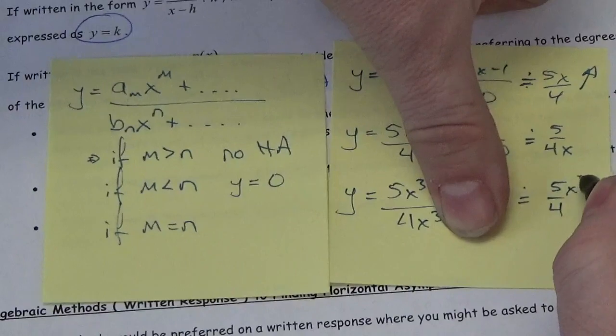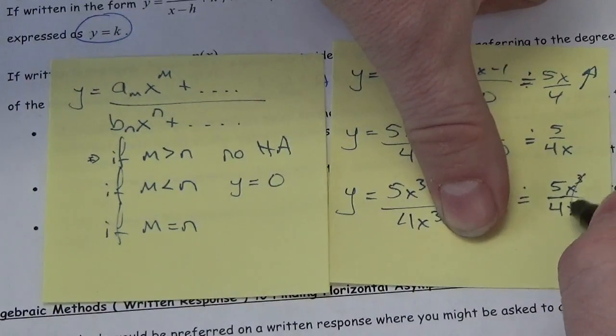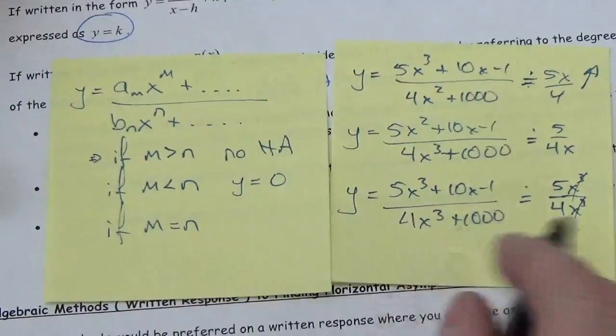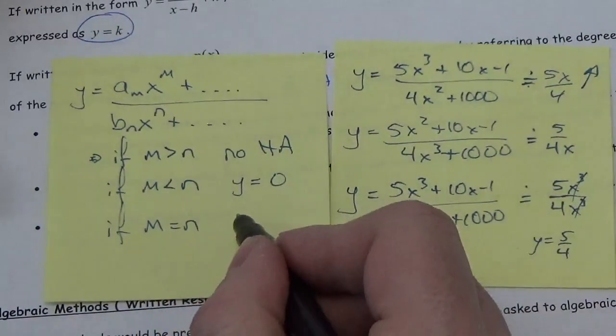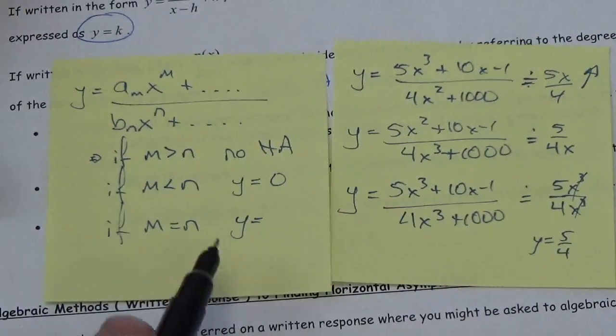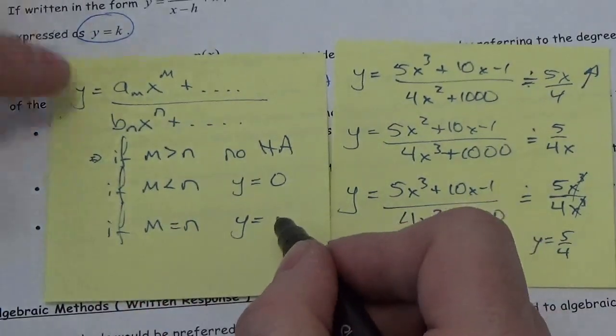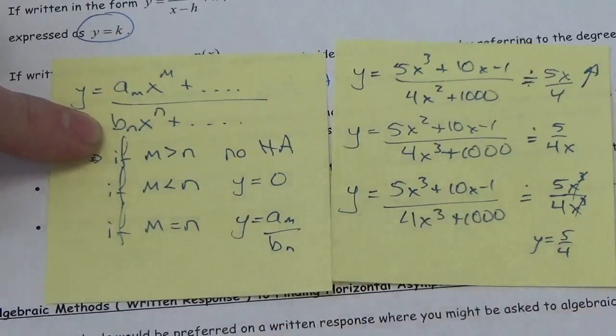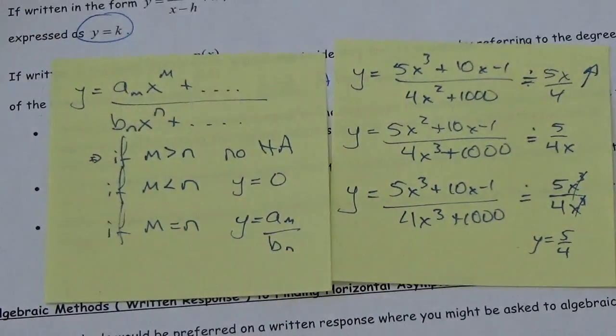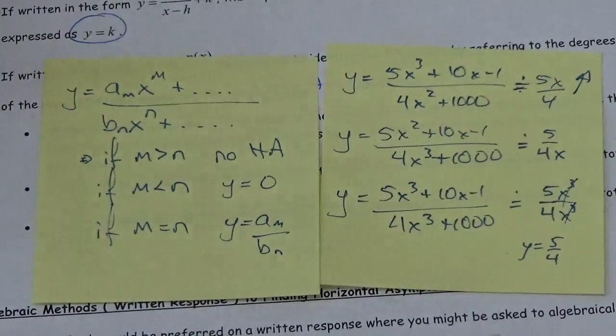This is like 5x cubed over 4x cubed, and I can cancel those, and you're just left with the ratio 5 over 4. So the asymptote is y equals that leading coefficient over this leading coefficient. That is the shortcut rule for this. I hope that makes sense.